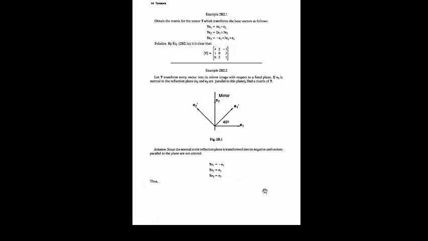Now this is example 2.1. In this example, we will ask you to get the components of tensor T, or the matrix of the tensor T. Matrix of tensor T means that you have to write the components of tensor T. To get the matrix of tensor T, you must have the transformation of e1, e2 and e3.